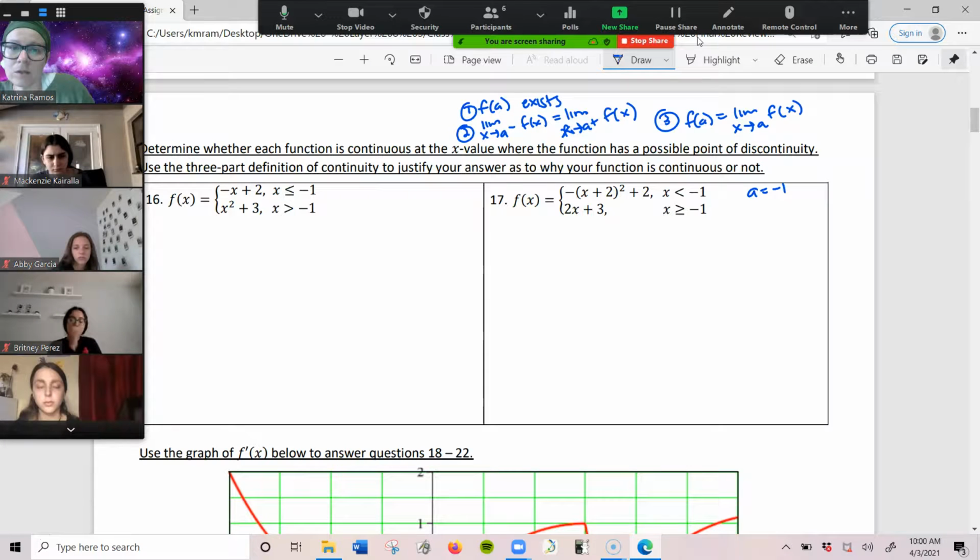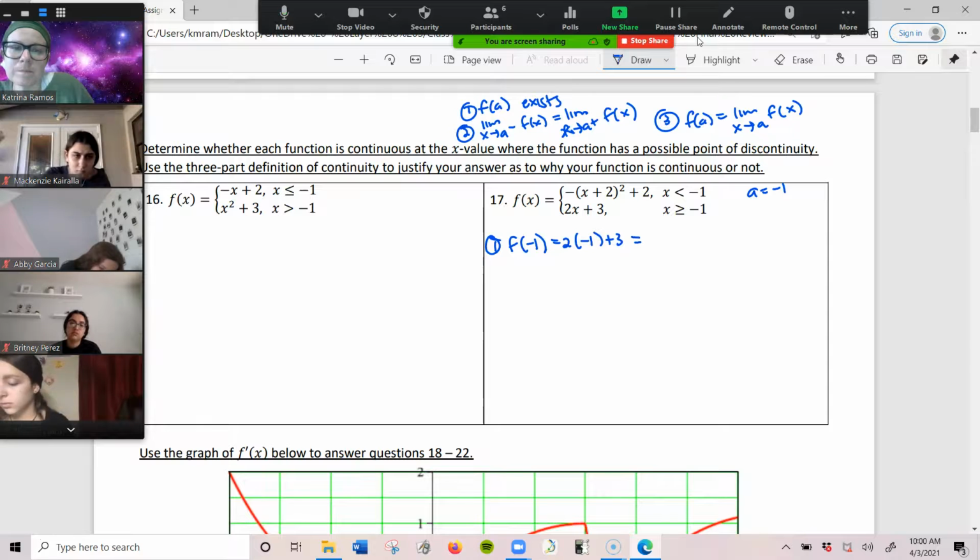It exists here on the bottom equation because our inequality says that x is greater than or equal to -1. So to find f of -1, we plug it into the bottom equation. So 2 times -1 plus 3, that's -2 plus 3, which is equal to 1. So that is our defined value.